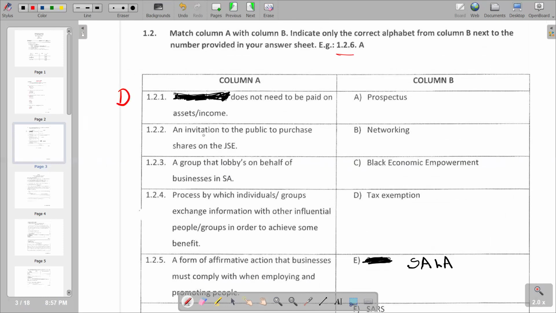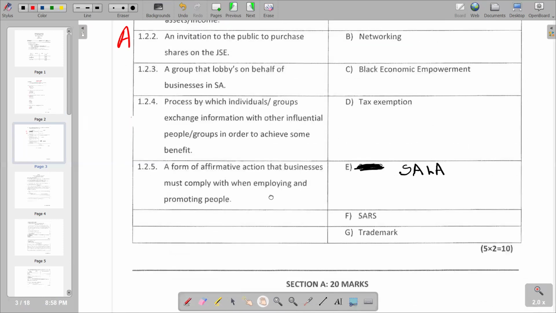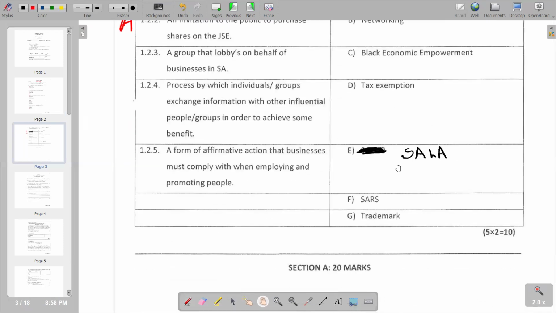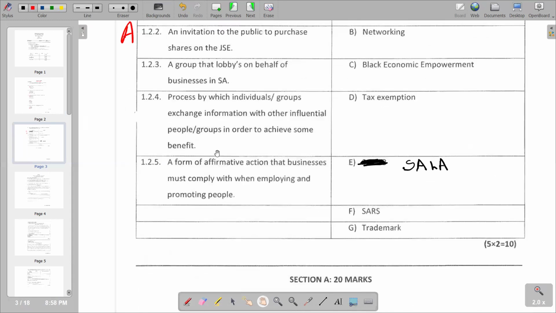The second part is saying an invitation to the public to purchase shares on the Johannesburg Stock Exchange, and we know that that is a prospectus, and we have a prospectus on A. Then 1.2.3, a group that lobbies on behalf of business in South Africa. We try to see which group we can pick, and we have SALA, which stands for South African Lobbying Associations.